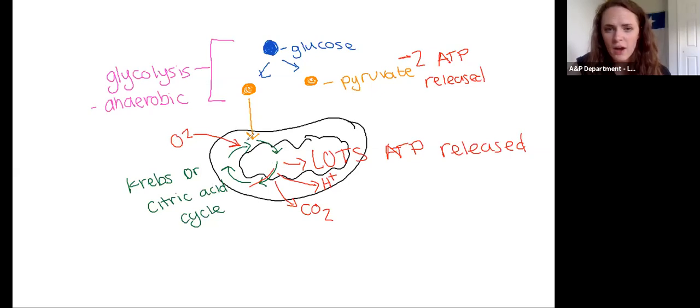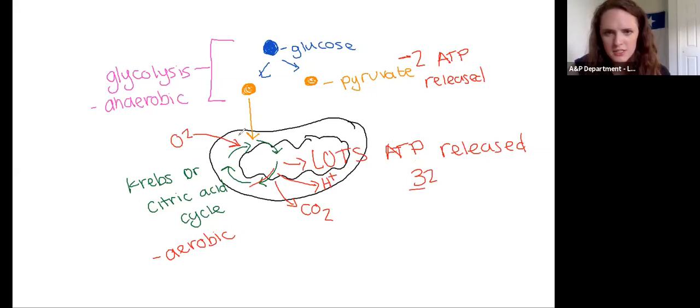Oxygen is required for this to work, so it is called aerobic, meaning oxygen is required. Hydrogen and carbon dioxide are released, while lots of ATP are also released. So there's like 32, I believe, that are released. You don't need to know that number, but a lot of ATP are released from this Krebs or citric acid cycle.